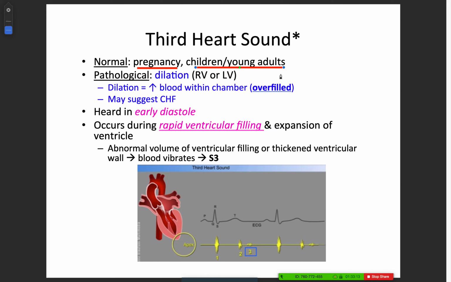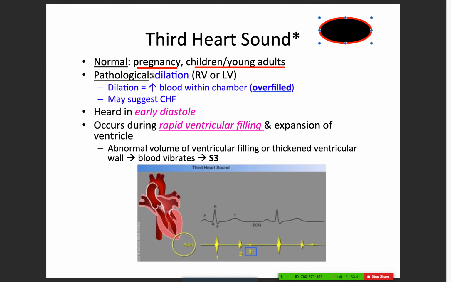Children and young adults, this can be completely normal. So something to keep in mind is that your third heart sound can be normal. That's different than the fourth heart sound, which is always abnormal. But third heart sound can be normal. A little star here, definitely keep that in mind.